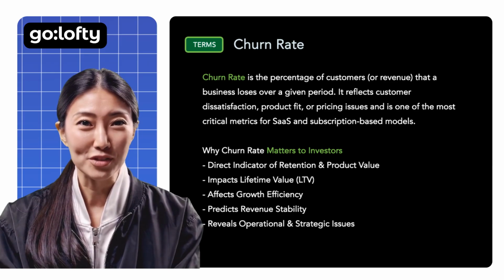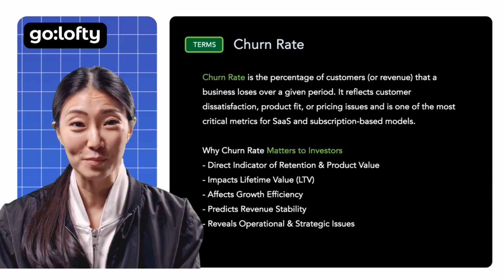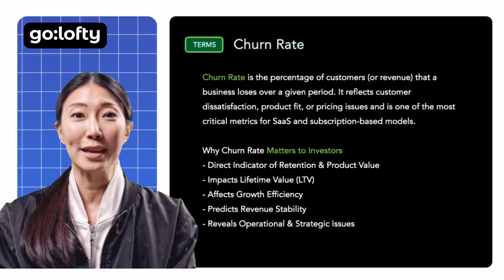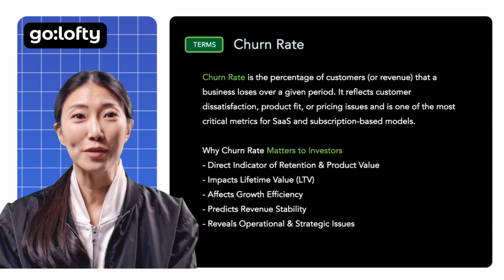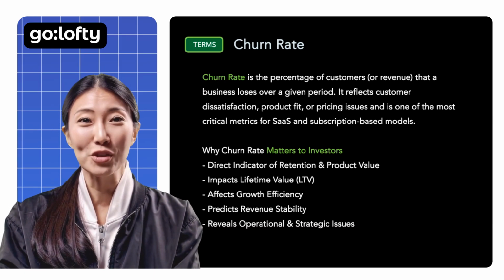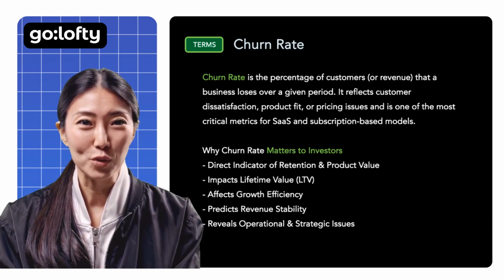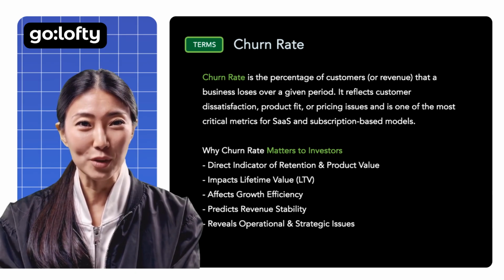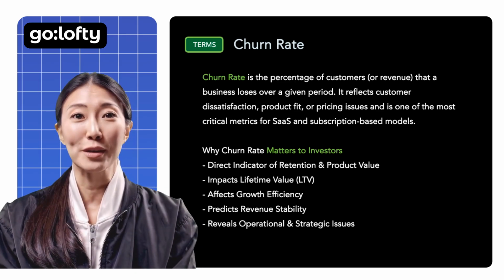Predicts revenue stability. Investors love predictable revenue. A low churn rate gives confidence in recurring income streams and helps in accurate financial forecasting. Reveals operational and strategic issues. A rising churn rate might highlight problems with onboarding, support, product quality, pricing, or competition, critical factors in due diligence.